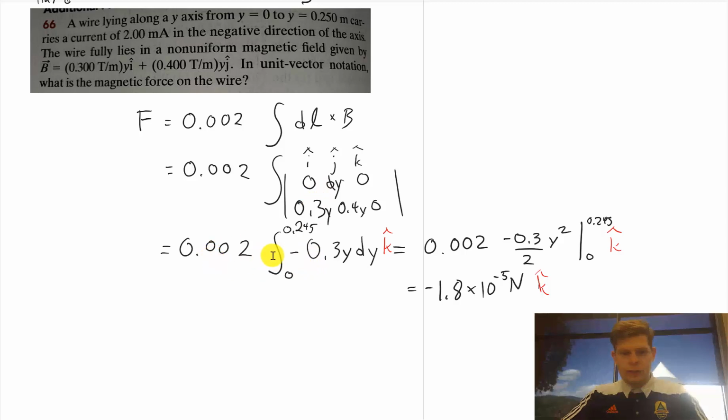So yeah, and then we just take our definite integral with these bounds of the answer to our cross product, which ends up being a nice 0.3y dy. Integrate that, we increase our exponent by 1 and then divide by the new exponent. Pretty easy that. Plug it in your calculator. When y is 0, it's just 0. So basically you just want to solve for it at 0.245 meters. And then you get this sucker. That's it. Hopefully that helps.